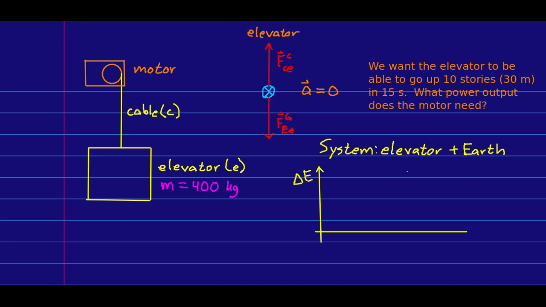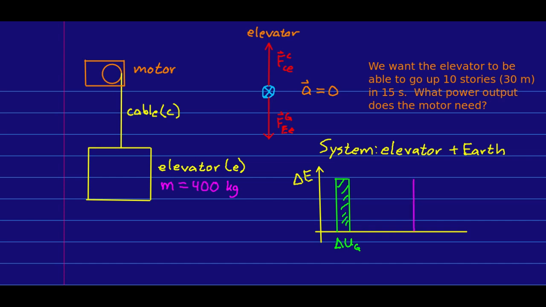We can do an energy analysis. If our system is the elevator and the Earth, then as the elevator goes up, there's a positive change in potential energy. And that's it. It's going up at constant speed, and so the kinetic energy doesn't change. And so that change in potential energy has to come from work done.